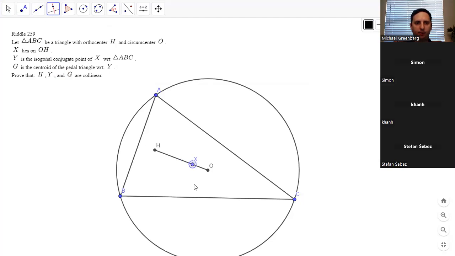So O and X have the same pedal circle. They're isogonal conjugates.